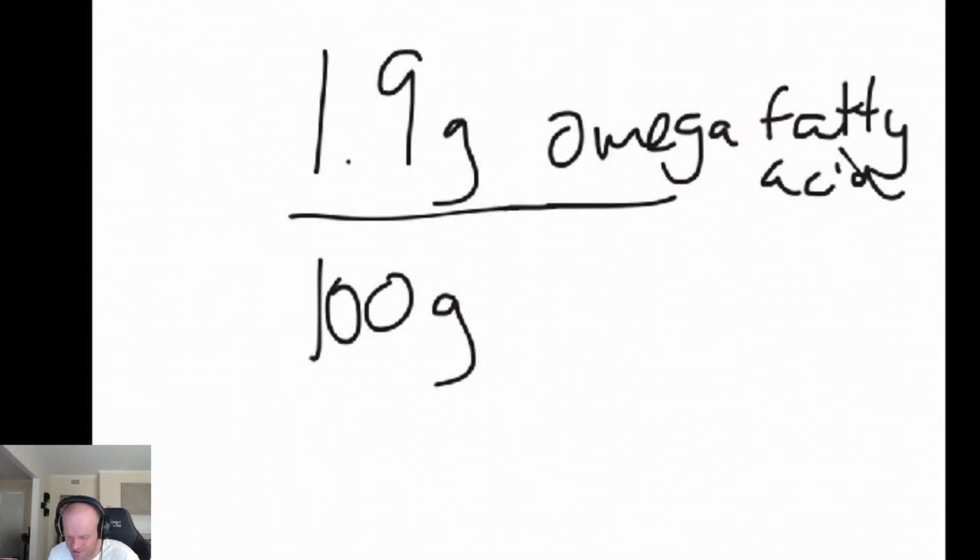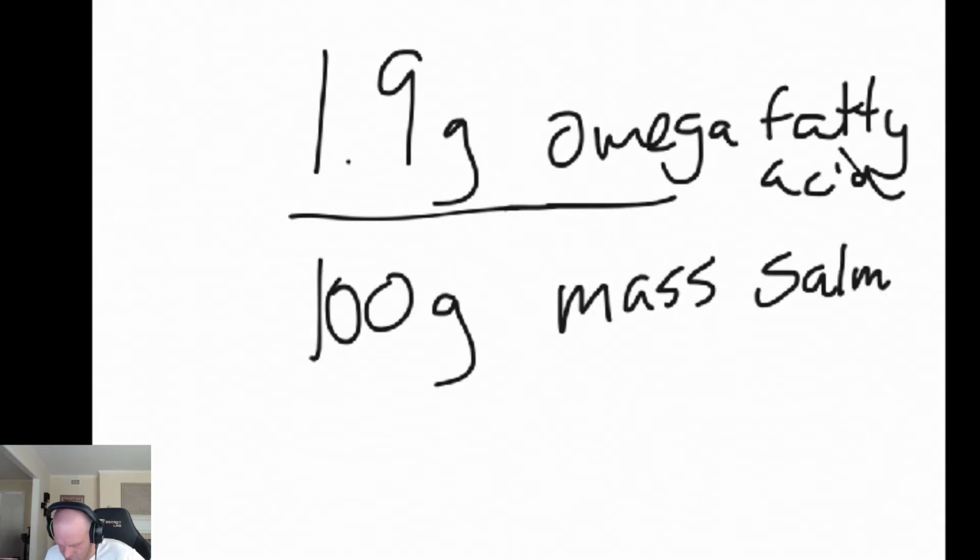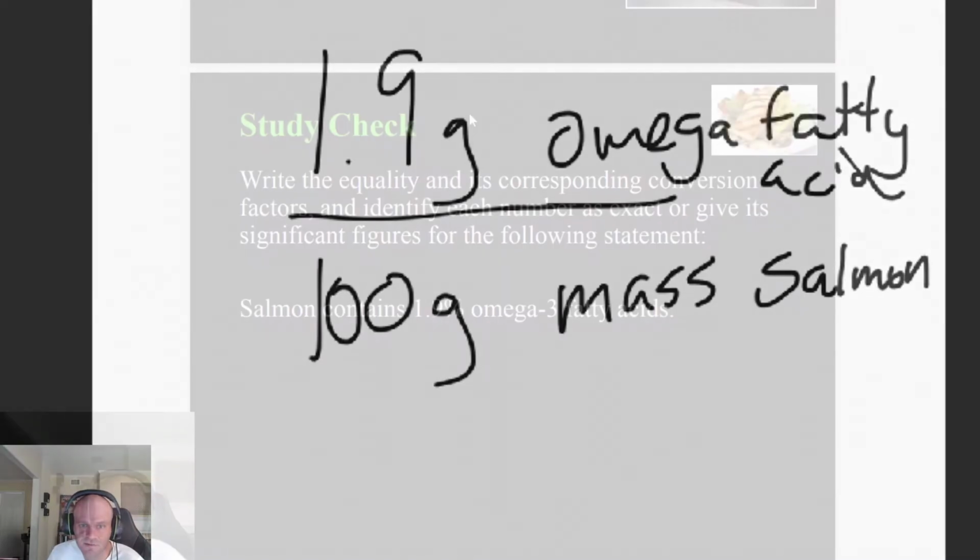Over mass of salmon? That would be my guess. Okay, over the total mass of the salmon. 1.9% of it is omega fatty acids, which actually seems pretty high. So it must be a high content of good fatty acids. That's what I take away from that.